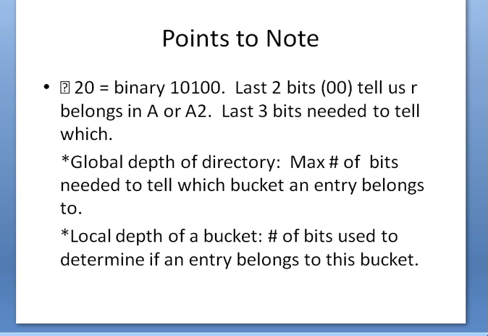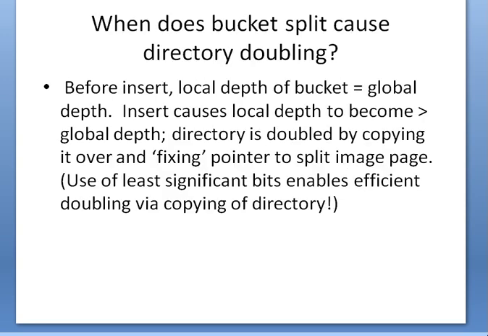Global depth of the directory is the maximum number of bits needed to tell which bucket an entry belongs to. And local depth of a bucket is the number of bits used to determine if an entry belongs to that bucket. Now, when will a bucket split cause a directory doubling?